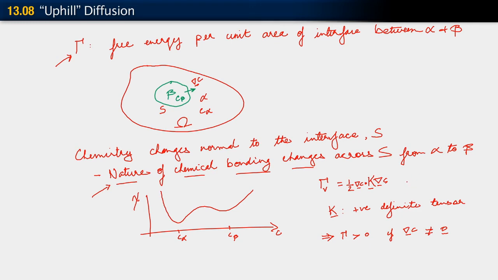So we have finally this thing again, a free energy per unit volume. The way it is related to gamma, which I introduced up here, is the following.